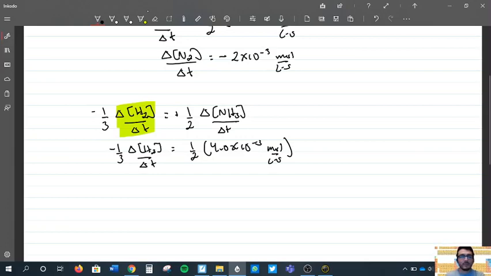Right, I'm going to do this in hopefully a few less steps, but I'll go through what I'm doing. I'm going to simplify this. It's going to be 2 times 10 to negative 3 moles per liter per second, but I'm going to multiply that by negative 3 actually, to isolate for our unknown variable. And what we get at the end is a negative 6.0 times 10 to the negative 3 moles per liter per second, and that is the rate of change of our reactant hydrogen gas. And we're done. That is our final answer.